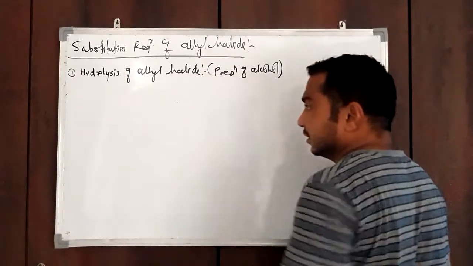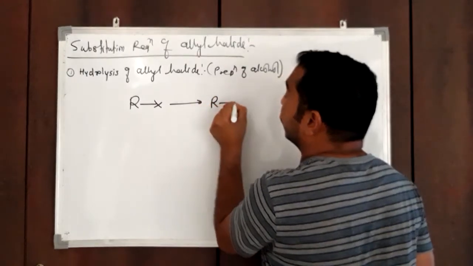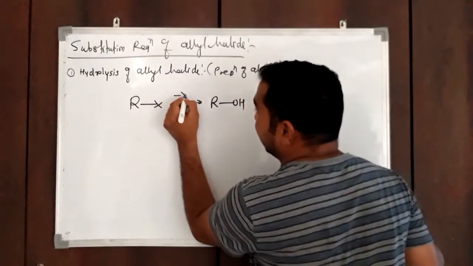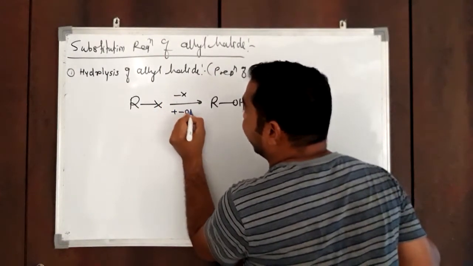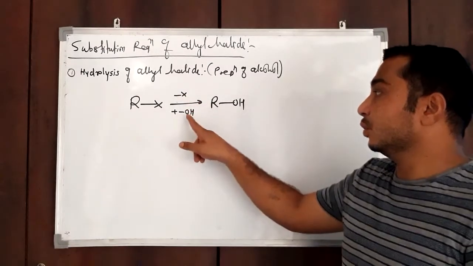In this reaction, the alkyl halide molecule gets converted into alcohol, which means we have to replace the halogen atom by an OH group.